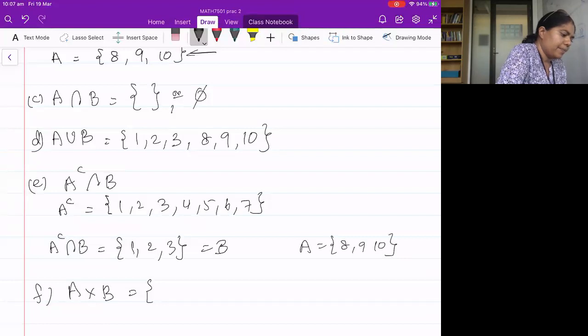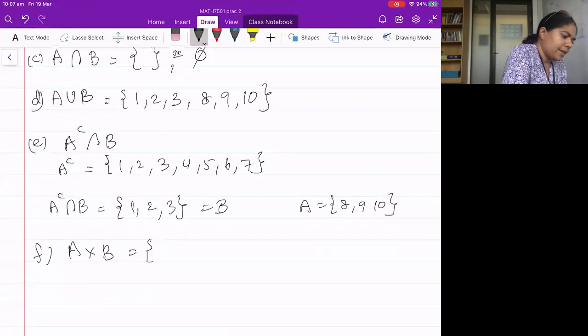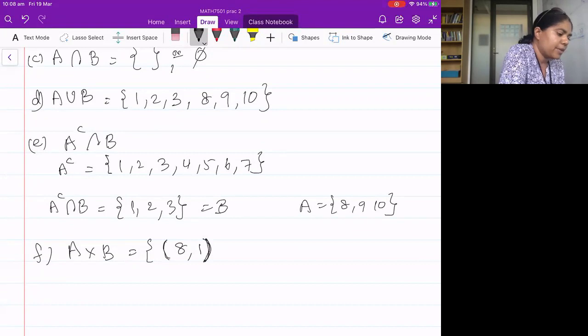Okay, so that's set B. From A, we get 8 as the first element. From B, we have 1. By the way, ordered pairs are expressed using round brackets, and a set is expressed using curly brackets.